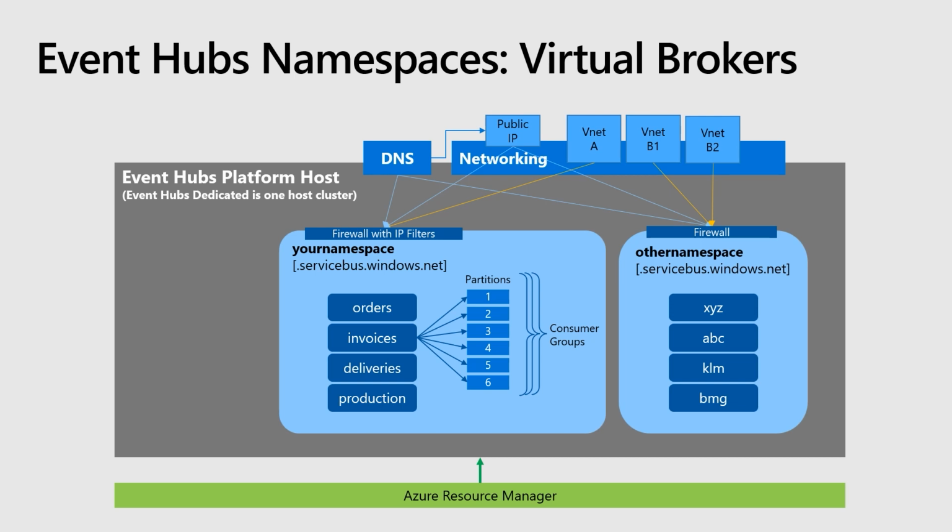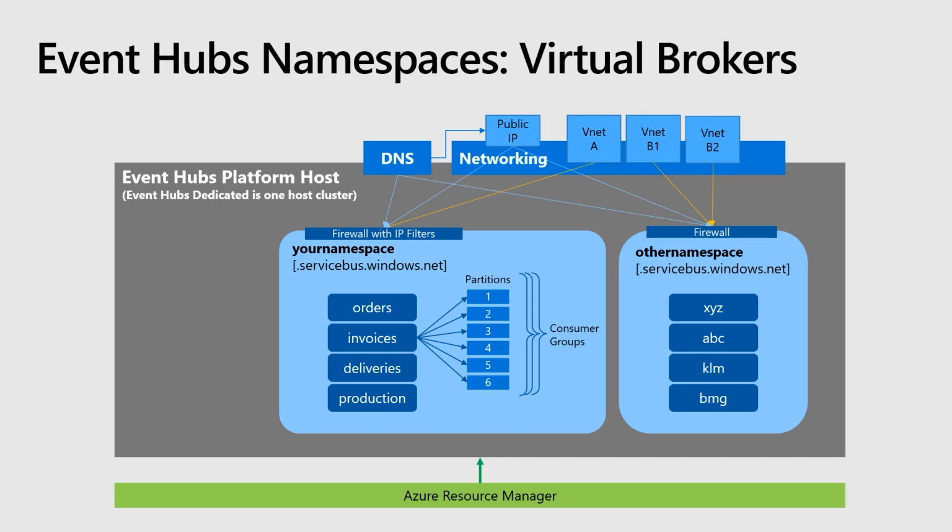So every Event Hubs broker is a virtual broker, if you will, and it always has a public IP address by default. You can turn that public IP address off, and you can also bind that Event Hub namespace to a VNet and make it part of your VNet. That's all magic happening in networking that I'll explain later in more detail.